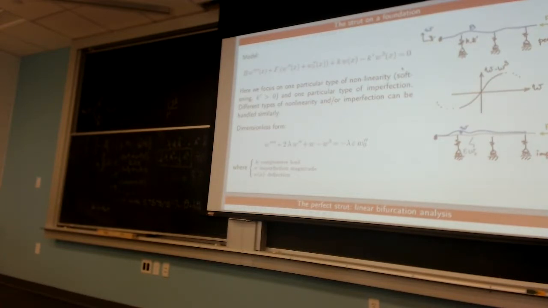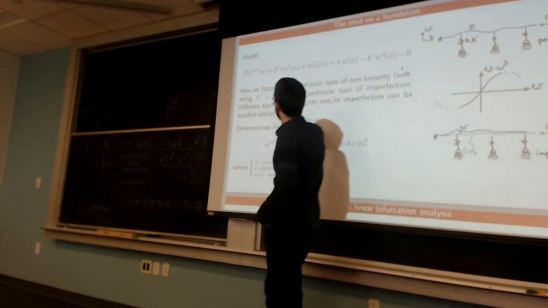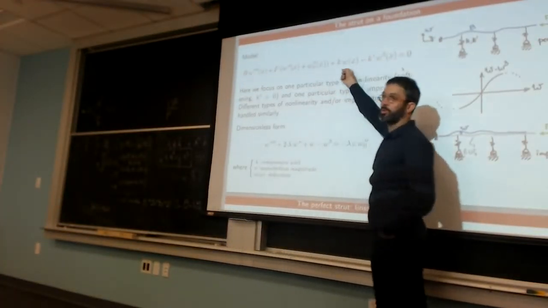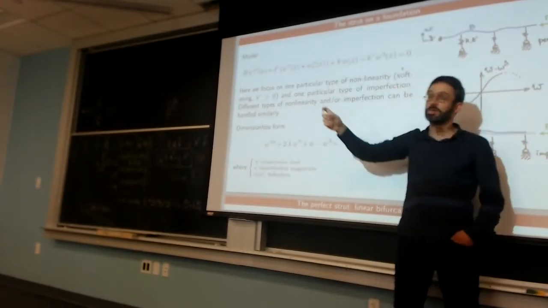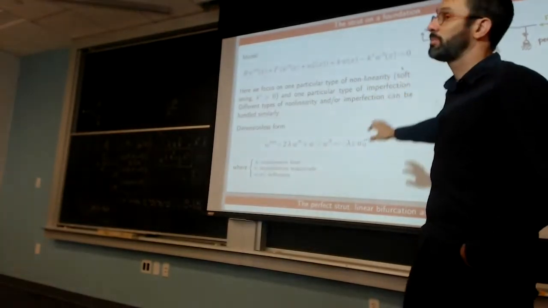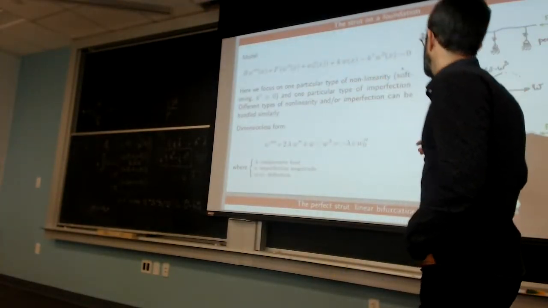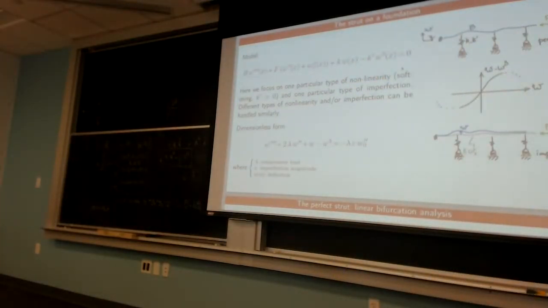So I'm showing you how things work in this particular example. You could argue that we've dropped some geometrical nonlinearity here, so this term is linear, and we've chosen to only retain the nonlinearity here. So arguably, many things can be improved here, but that's the simplest setting where I can make my points.